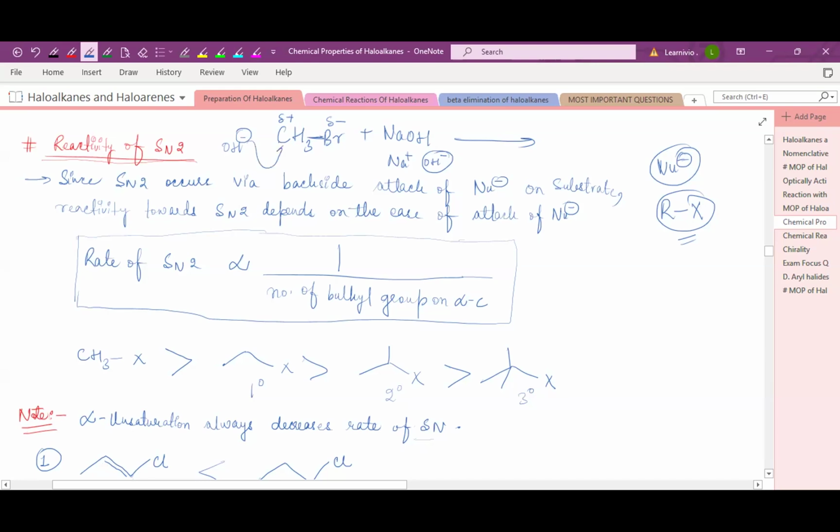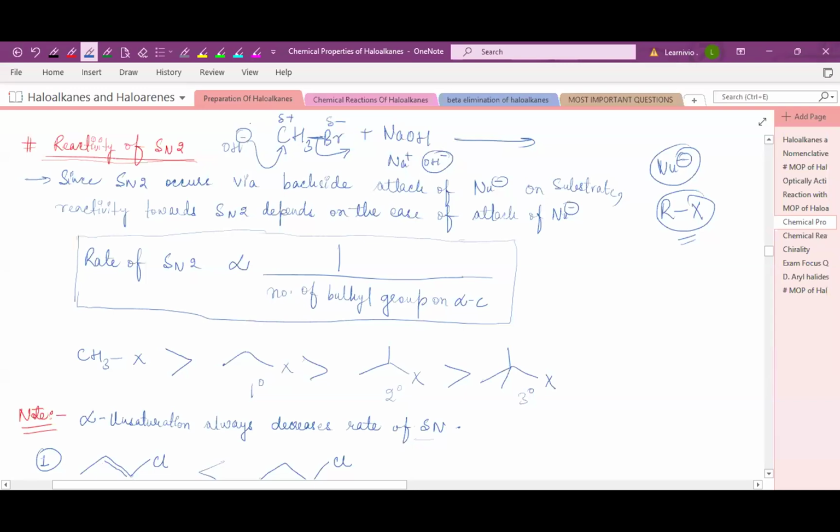Positive charge, obviously this carbon. So once it attacks this CH3 group, this bromine, which is electronegative and is a good leaving group, will leave. Means the attack of nucleophile and the leaving of the leaving group, the cleavage of this CH-Br bond, will take place in a single step.